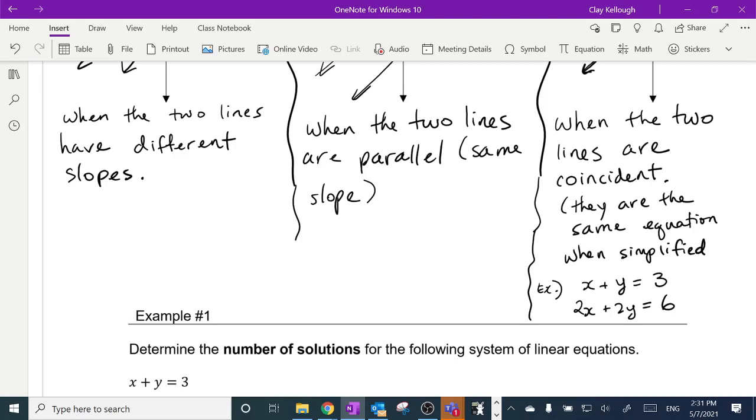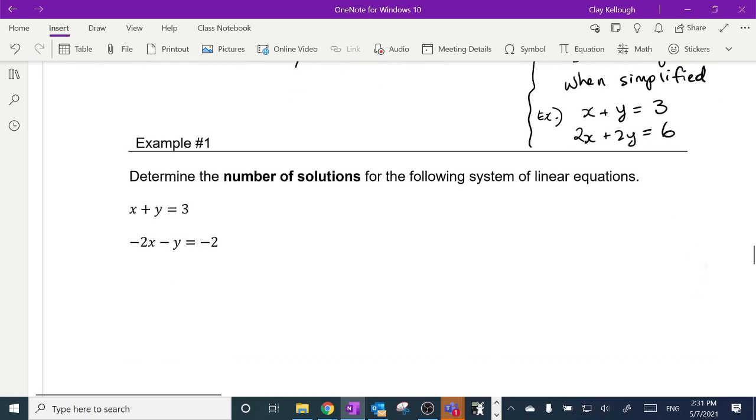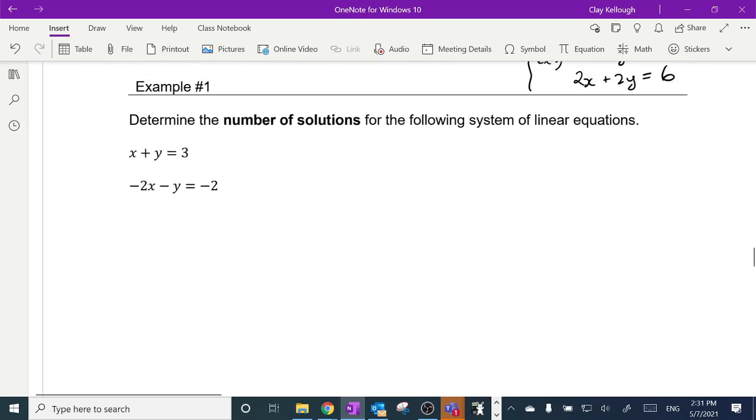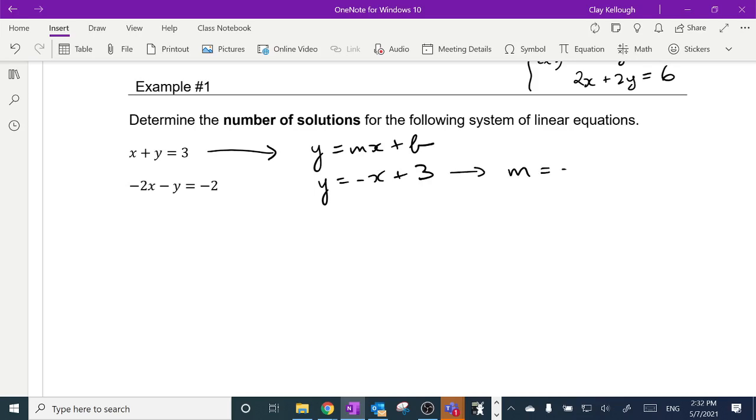So let's do some examples here. We don't have to graph them all. Our algebra can tell us when we have each situation. For example, determine the number of solutions for this system of equations. Well, if I rewrite this one into the form y equals mx plus b, I get y equals negative x plus 3, which means it has a slope of -1.